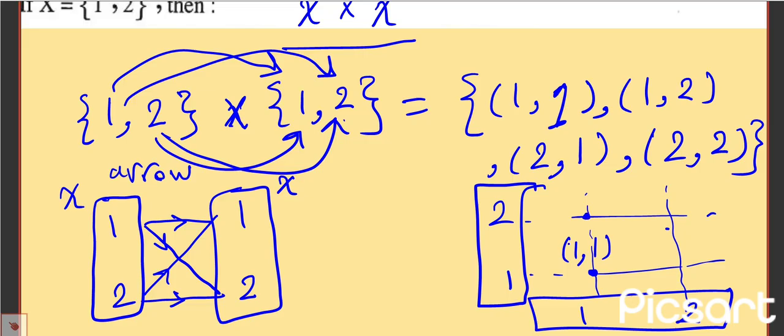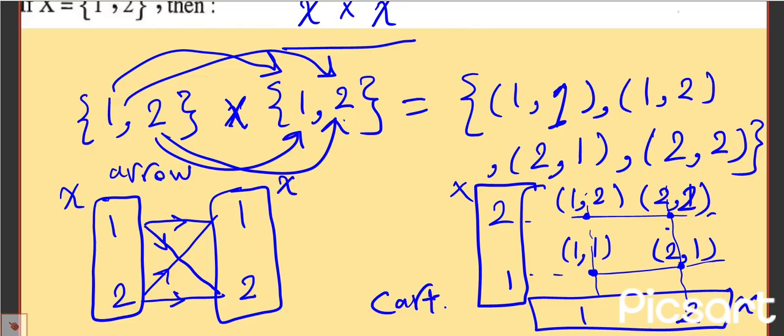This point, 1 and 2. I'm not going to be confused this time, inshallah. Continue. This point, 2 and 1, and 2 and 2. Yes, this is excellent, and this is called the Cartesian diagram.